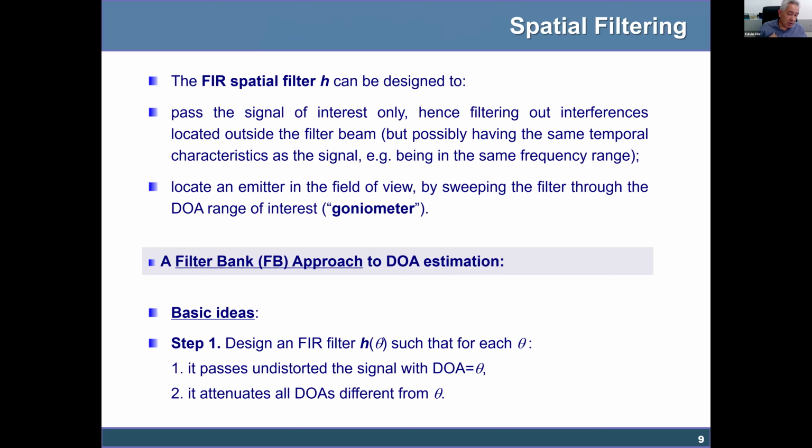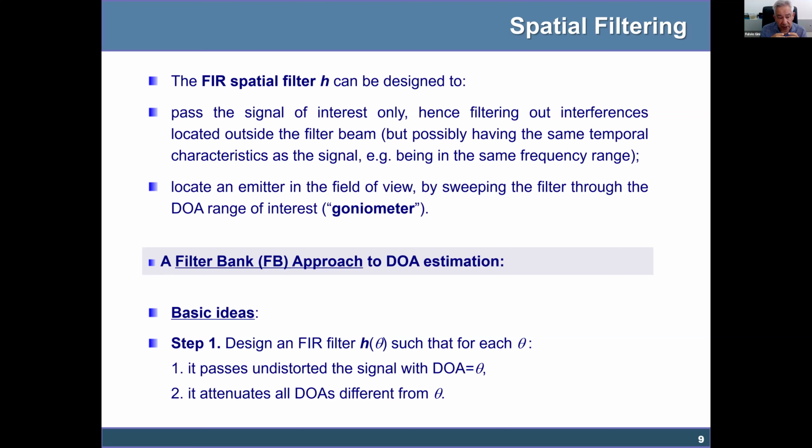So the problem that I want to address in the last 15 minutes is the following. If you have understood that by properly designing the FIR spatial filter H, so it's an FIR filter, why? Because the impulse response has exactly the same size as the number of received elements in the array, and the number of elements in the array is finite.